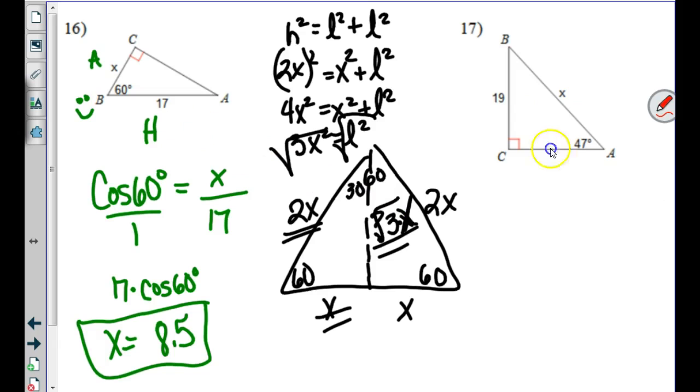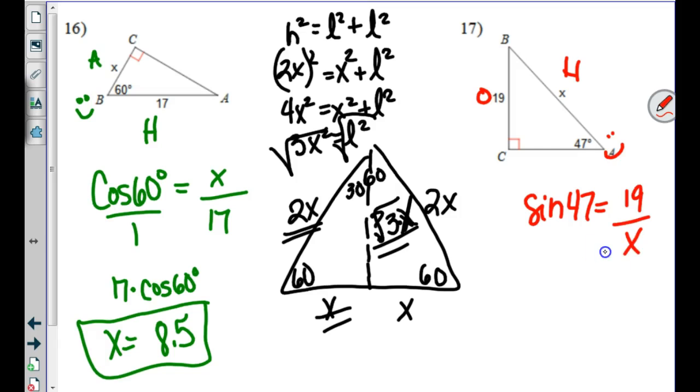All right, moving over here. From this guy, we have opposite and hypotenuse. So we're using what? Sine 47. This is not one you should have memorized. And it's 19 over x. So am I multiplying or dividing these numbers? The 19 and the sine of 47.